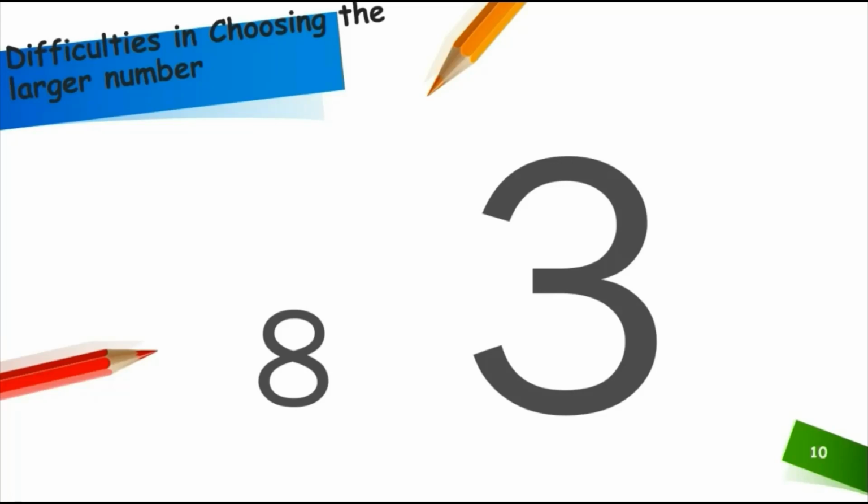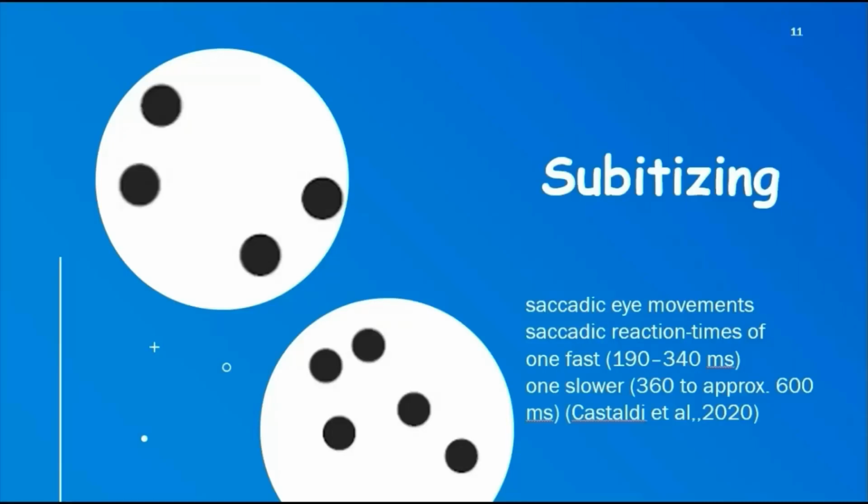And the most significant thing that they cannot do is they cannot choose the larger number, which means that they don't know about the digit value. And one of the most characteristic, they cannot subitize.